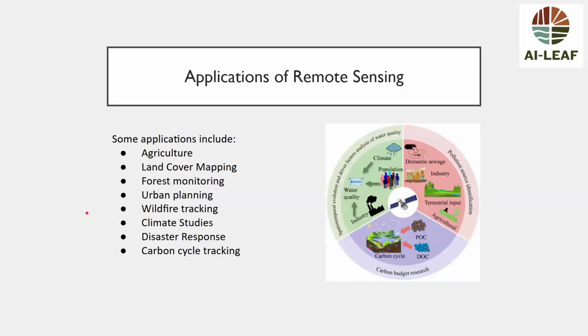So yes, remote sensing has tons of applications across various sectors of the environment: agriculture, land cover mapping, forest monitoring, urban planning, disaster response, carbon control, everything. New applications are being discovered almost every day, so you guys are in prime time to discover new things.